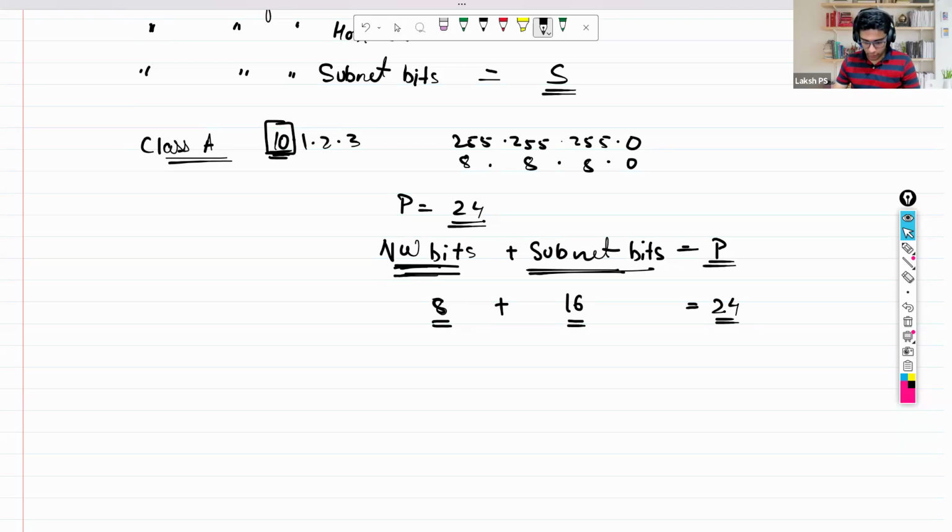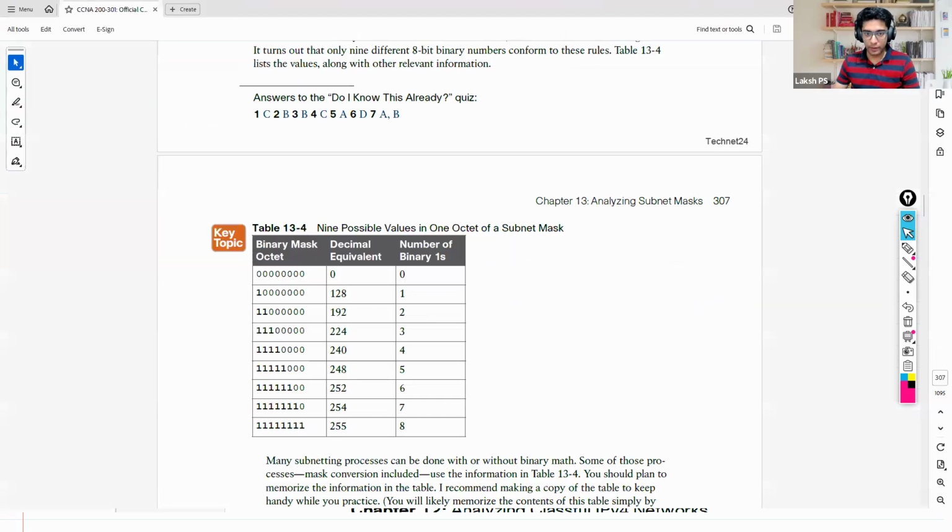So in this table, you will see 1, 2, 3, 4, 5, 6, like this. These are nothing but your prefix length, or the number of ones in that number. Simple.